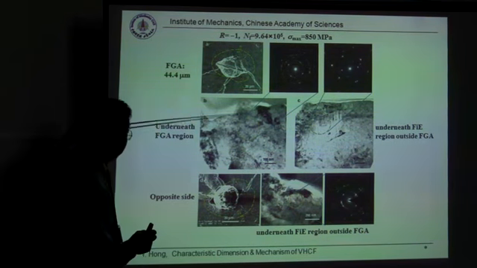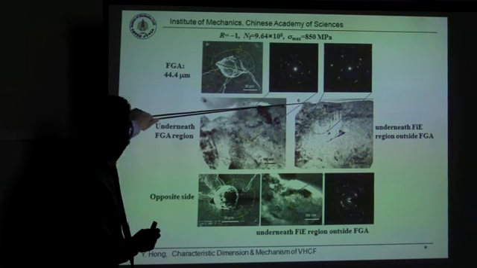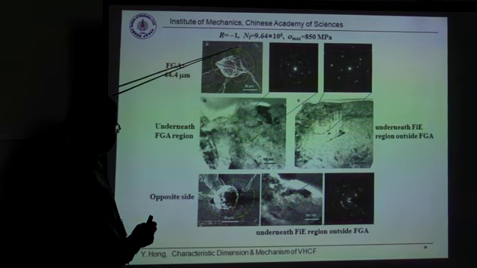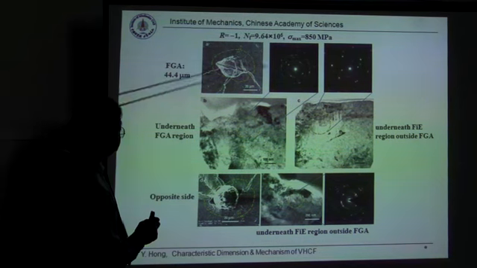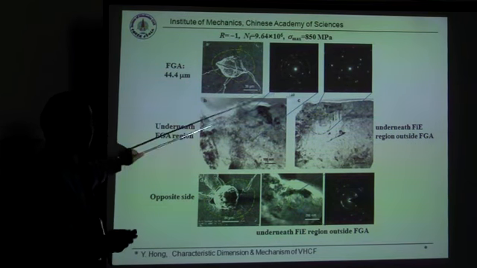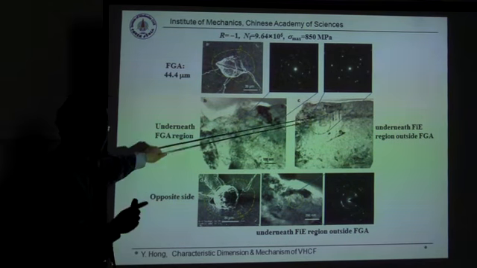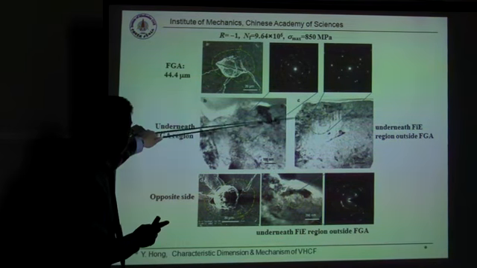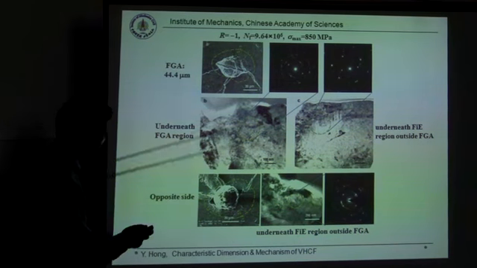And away from the FGA, within the fisheye but outside the FGA, is a kind of isolated spots, meaning single grains in this area outside the FGA.